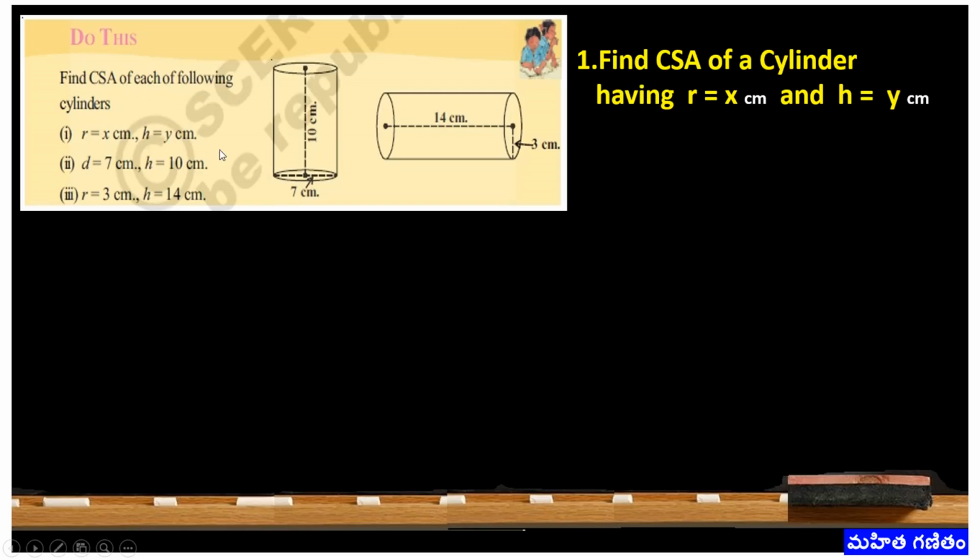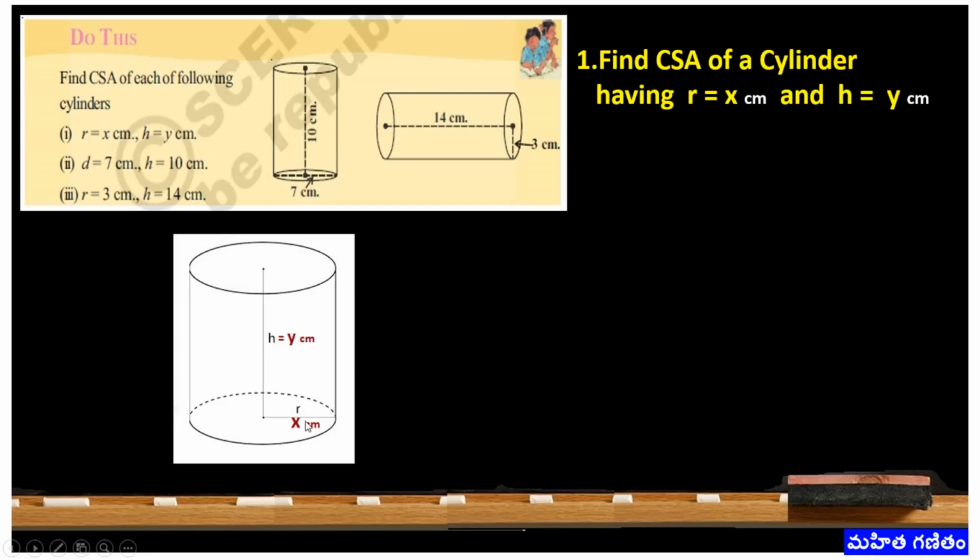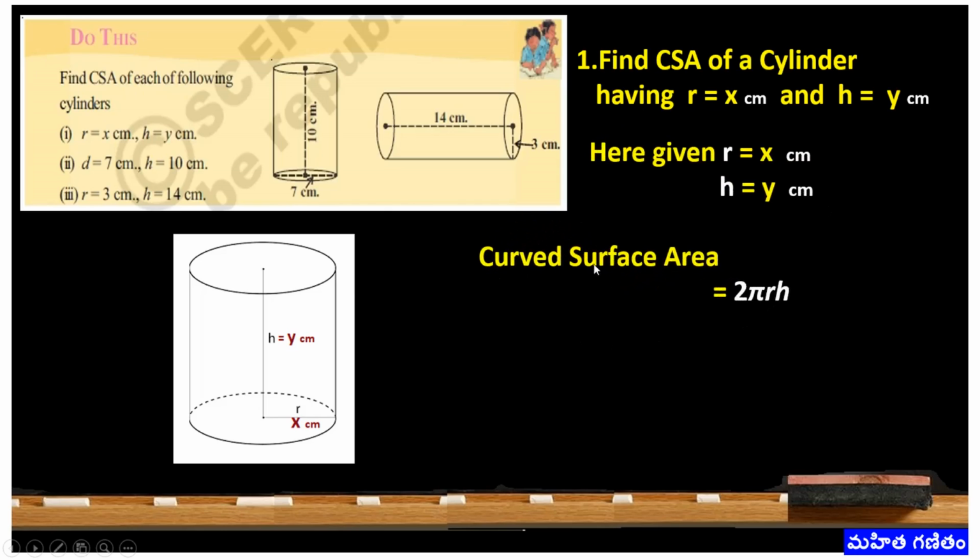Given r is equal to x centimeters, h is equal to y centimeters. Write the formula for curved surface area, that is 2 pi r h. 2 into pi into r means x, h means y, that is 2 pi x y square centimeters.